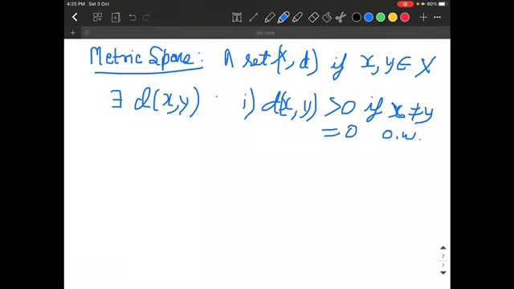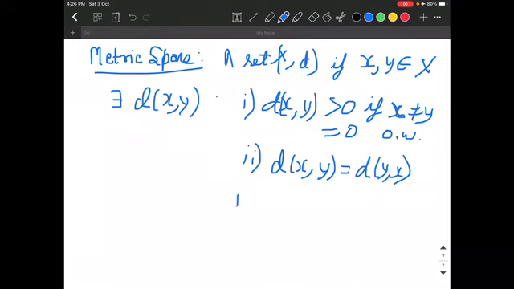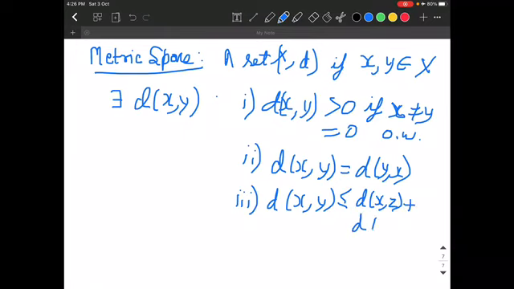Second, d(x, y) is equal to d(y, x), and this third is d(x, y) is less than or equal to d(x, z) plus d(z, y). This (X, d) is called a metric space.